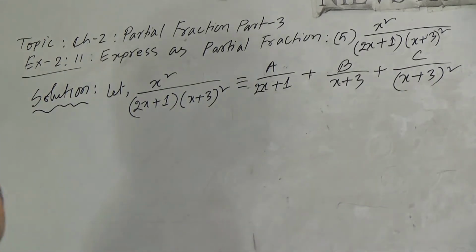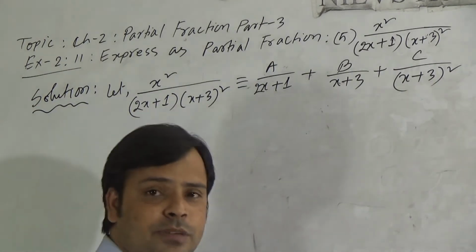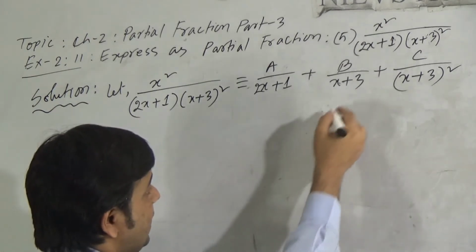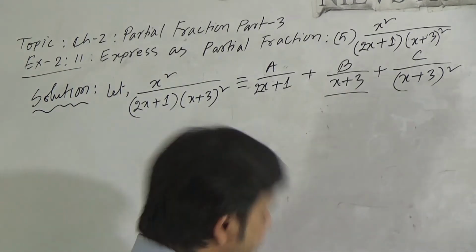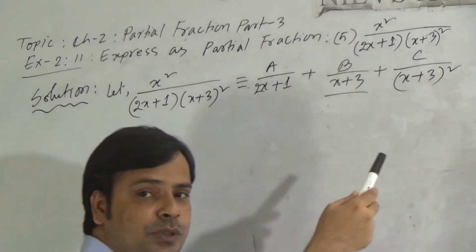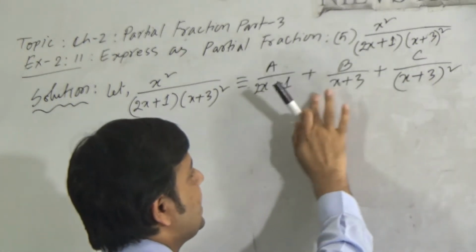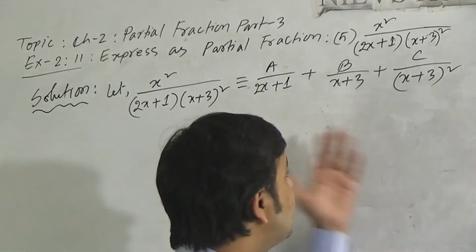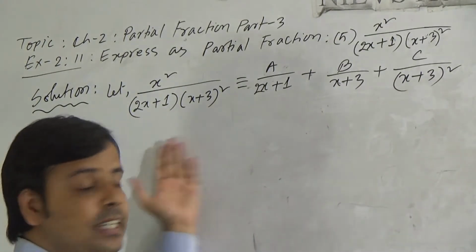Okay, so when you see the repetition in the factor of the denominator, you need to remember that at first you have to write that factor which is repeated without repeating, and then you have to write that factor repeating. Okay, so you can express this given fraction in this way.